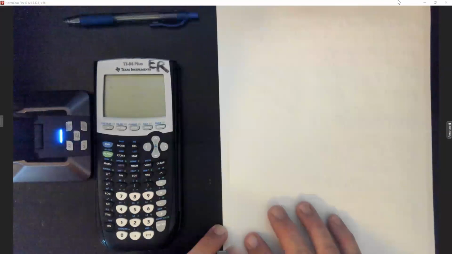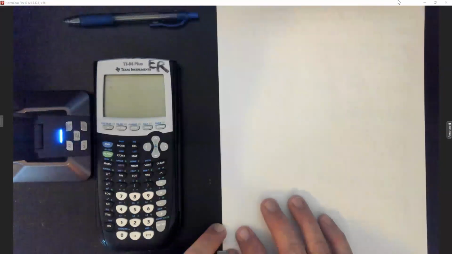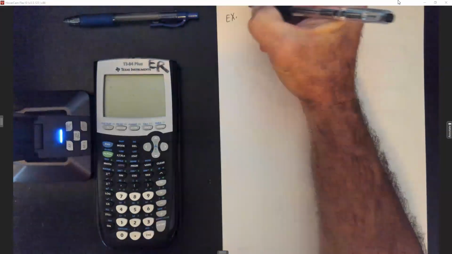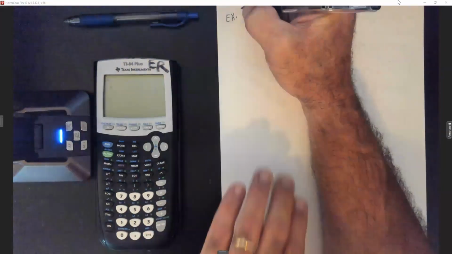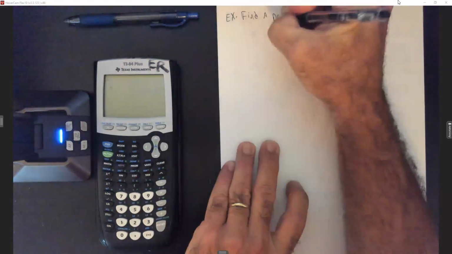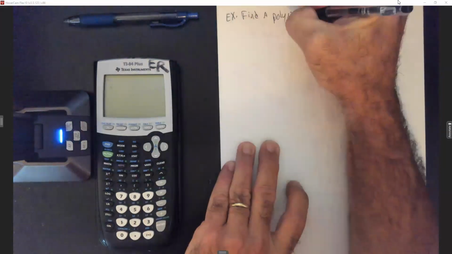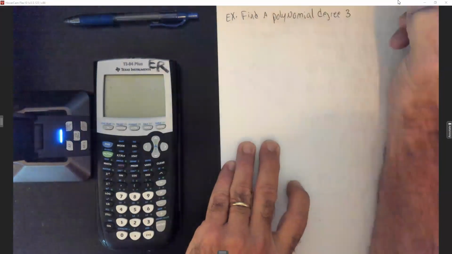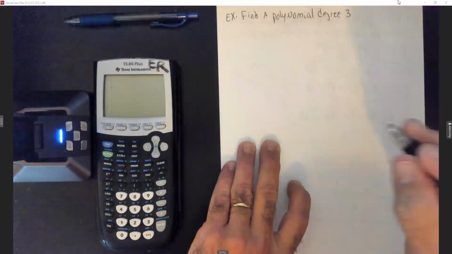All righty. Find a polynomial degree 3 with the given zeros.